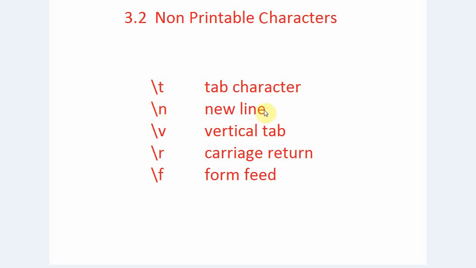\n is new line, and \v is vertical tab, rather vertical space. Actually, some of the flavors treat it as a vertical tab and some of the flavors of Regex treat it as a vertical space. So it depends on the language in which you are working. \r is carriage return and \f is form feed.